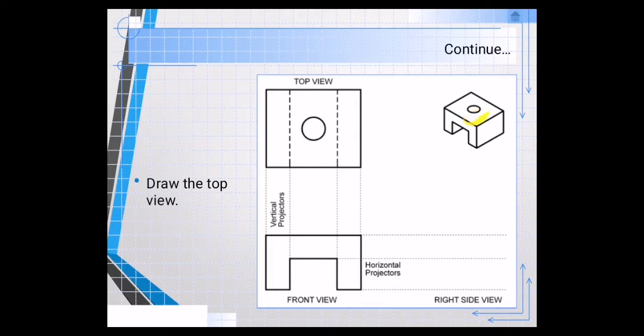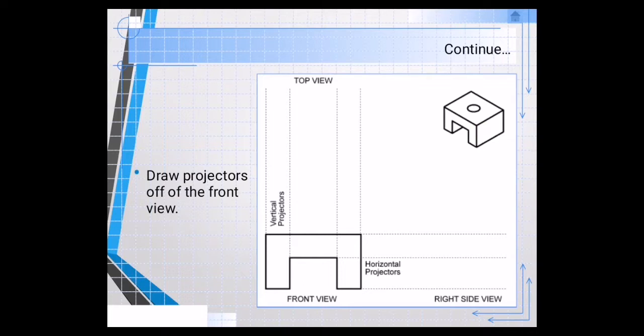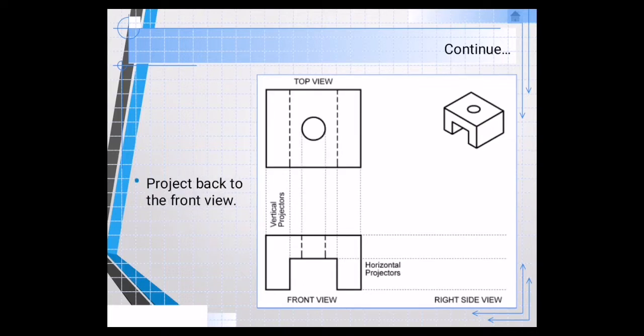We can see this portion from the top view, this square, the circle, and a dash line shows the slot behind it, right? Next, project back the front view. Again, on the front side we can't see this circle, so we have to show it with hidden lines. These are the dash lines.